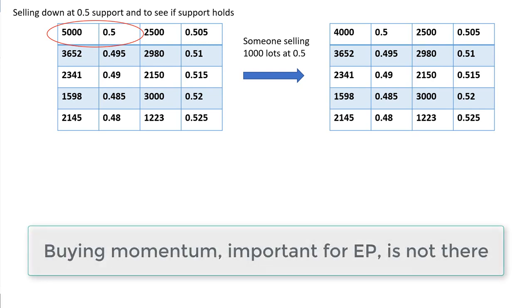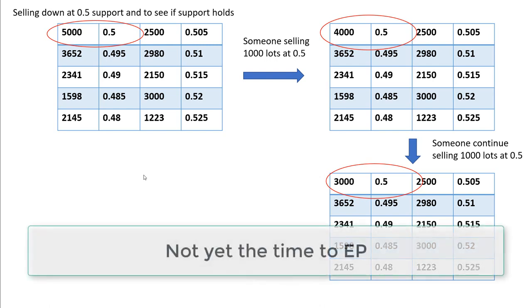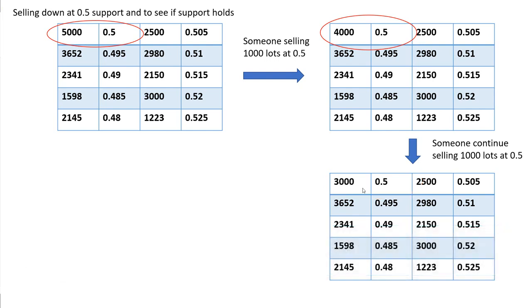If this continues to happen, in such a way that someone continues to sell that 1,000 lots at 50 cents, that means the selling pressure is very much alive, and the buying momentum which we will need for EP is not in yet. Do not think of EP or entry just yet.